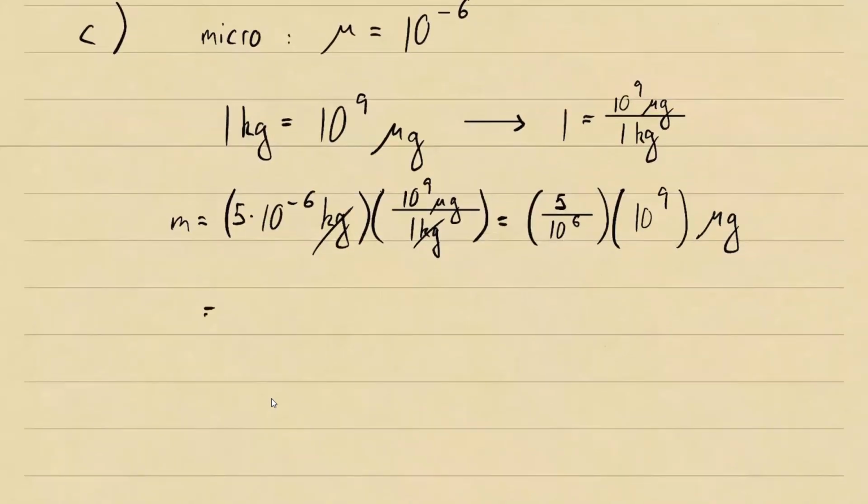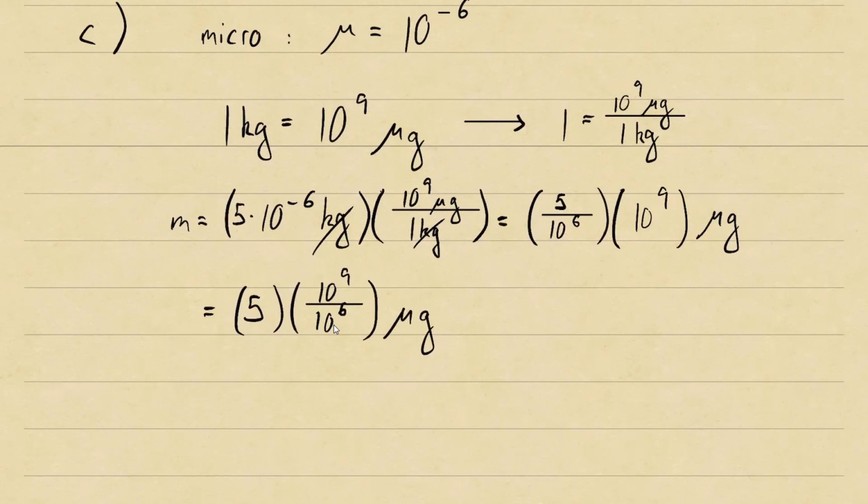And so this is equal to 5, and if I group this 10 stuff together, we have 10 to the power of 9 divided by 10 to the power of 6, in units of micrograms. Well, this whole thing is equal to 5 times 10 to the power of 9 minus 6 micrograms.